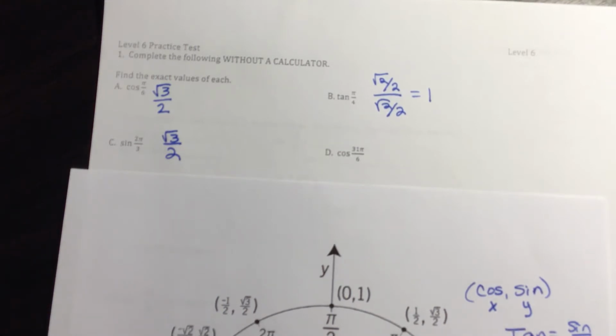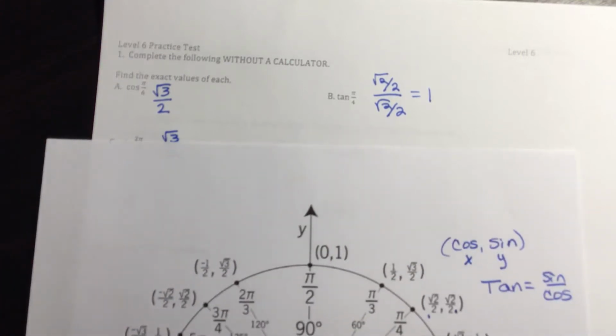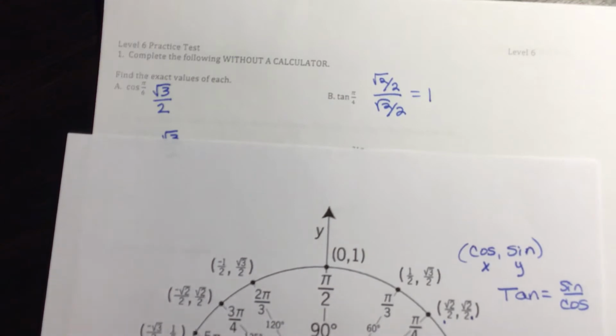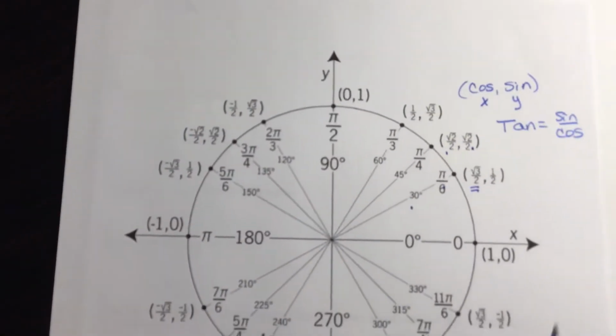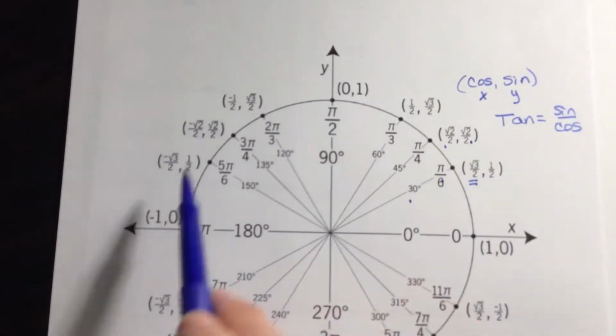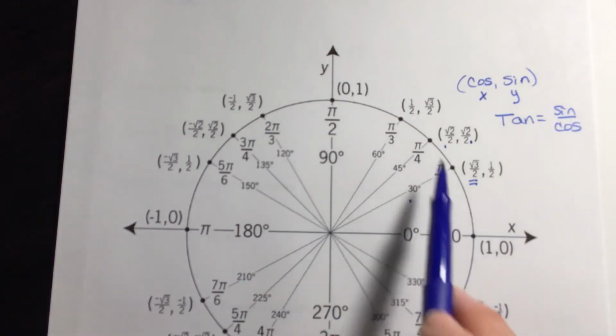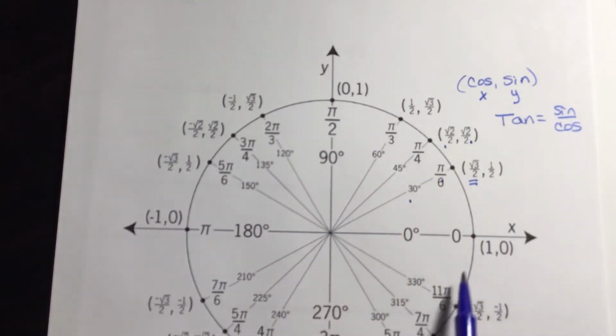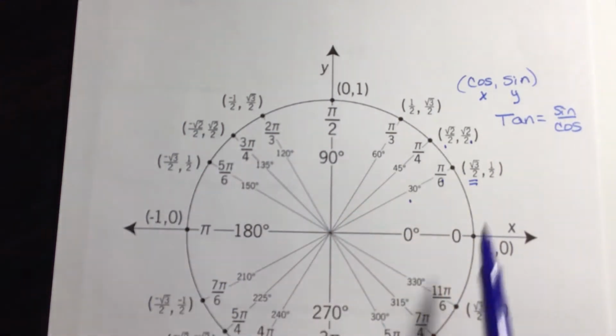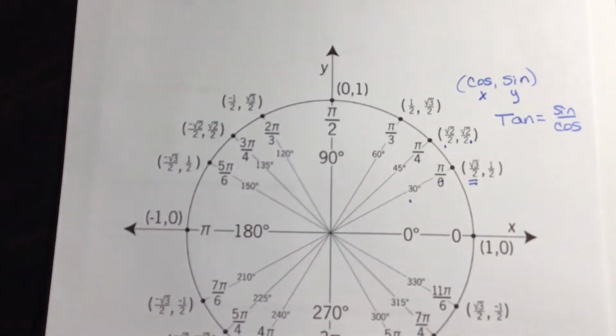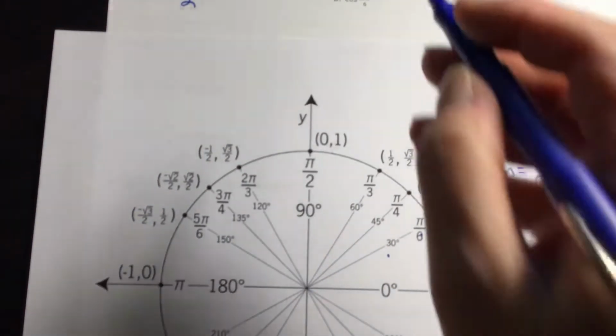Now, if I were to count by 6, this would be 6 pi over 6, 12 pi over 6, 18 pi over 6. Whoops, you can't see me going around the circle. Okay, so 6 pi over 6, 12 pi, 18 pi over 6, and I'm going to keep going until I get to 31 pi over 6.